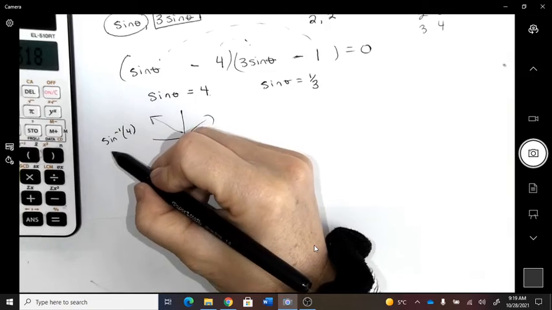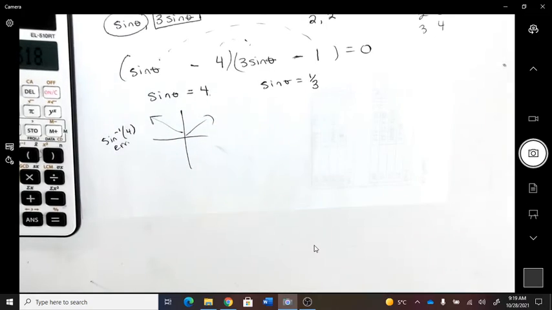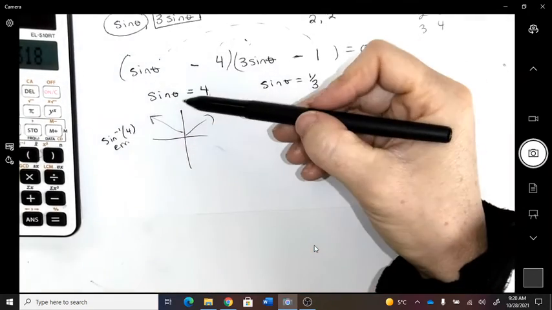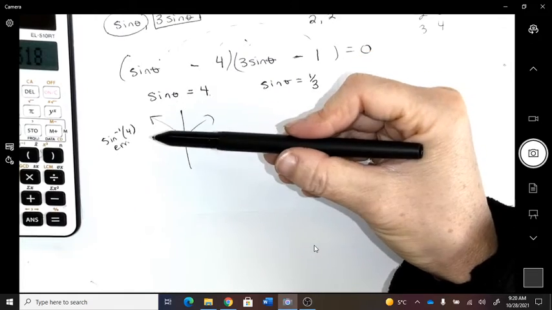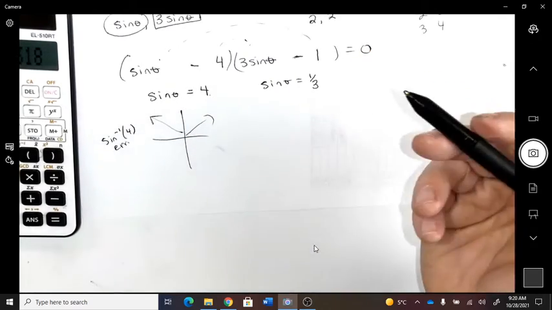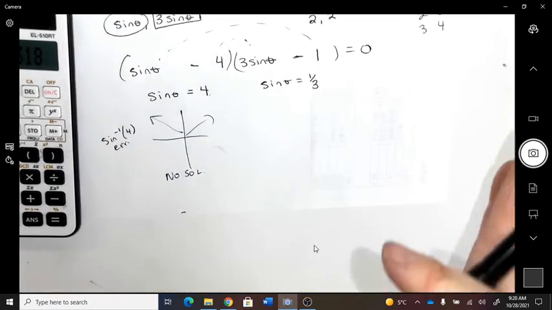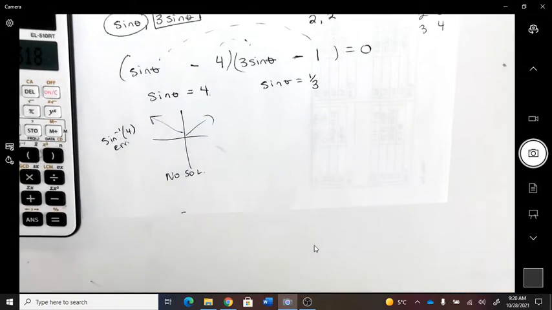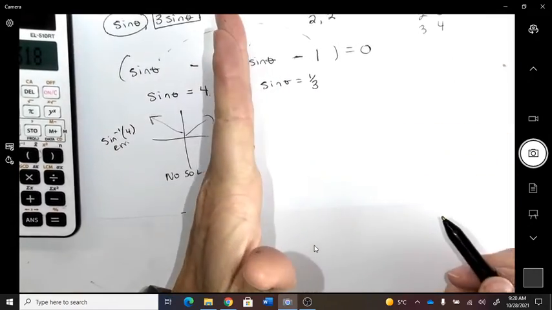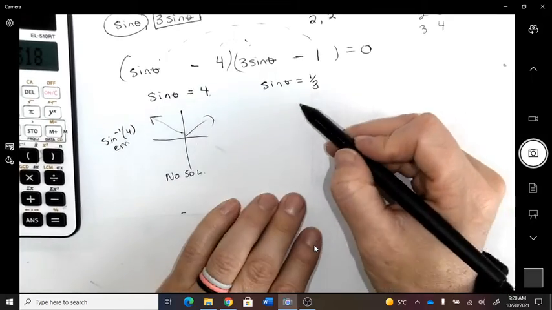And I get an error. So what do you know about the angle in this situation? If you get an error like that, what's the answer for the angle? There's no solution on that. There's no angle that's going to work. Okay, I'm done that. Let's go to this one.